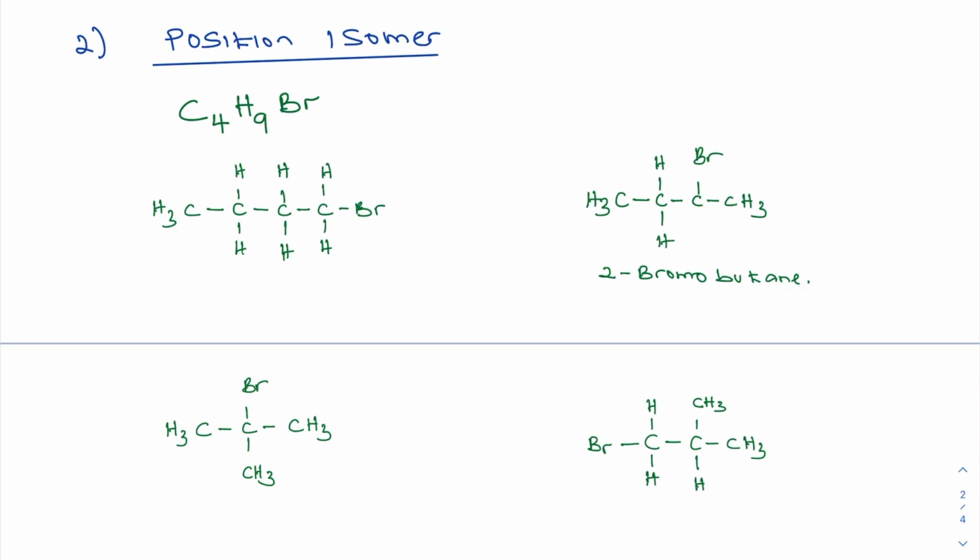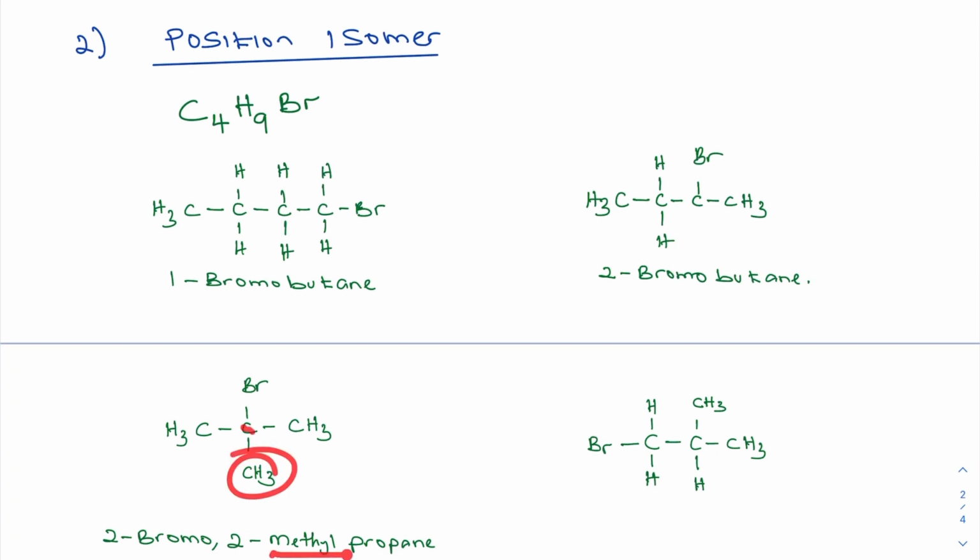What about this one? This is 1-bromobutane, or you might just write bromobutane. This one is 1, 2, 3 carbons: 2-bromo-2-methylpropane.